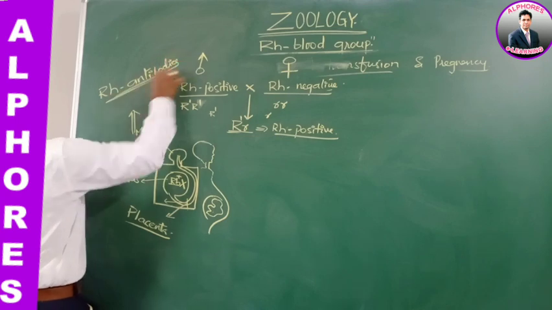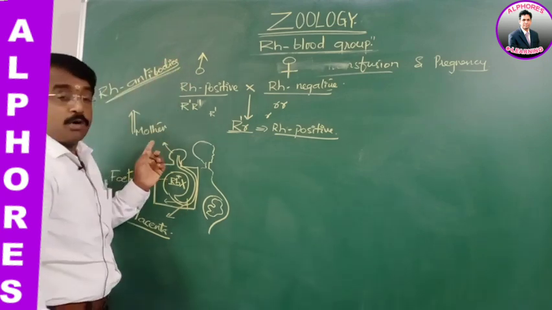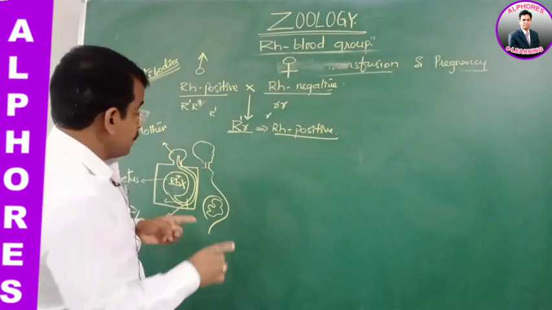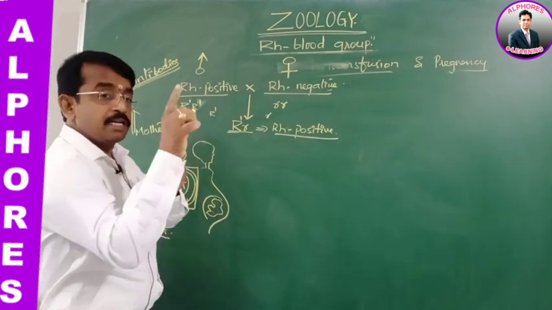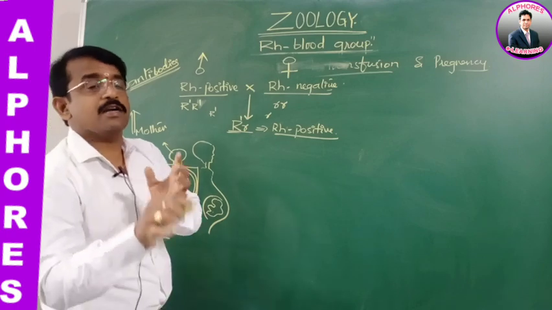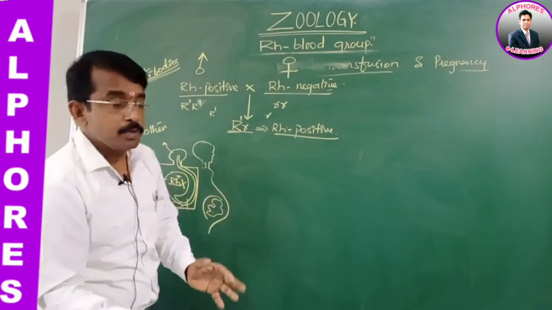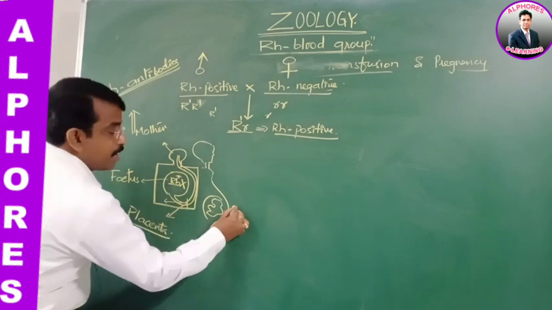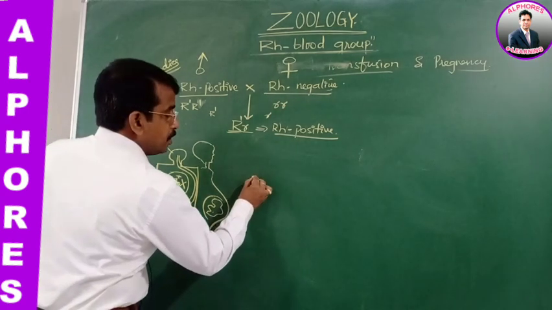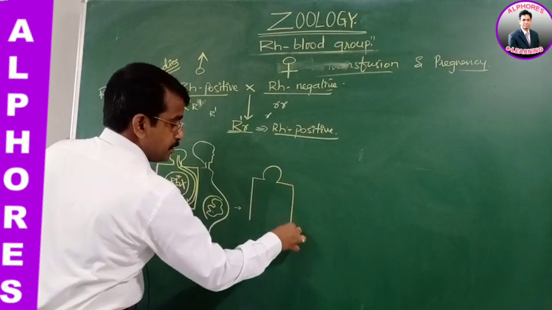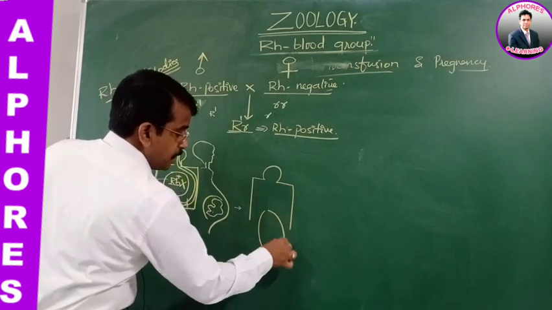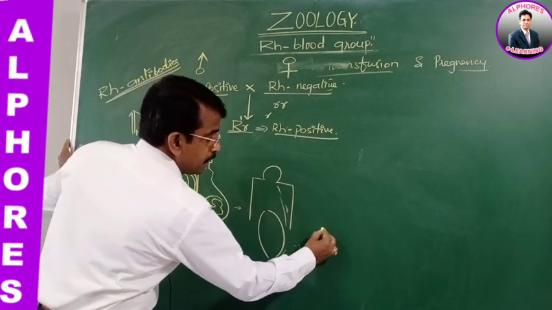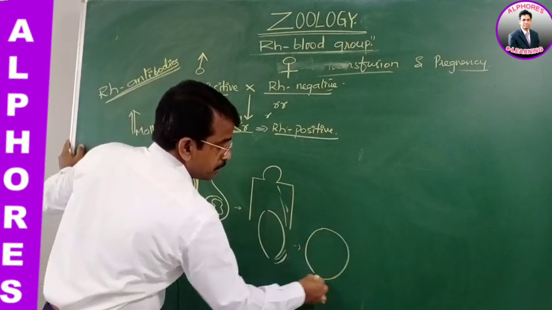Rh antibodies are produced. As Rh antibodies are produced, this sensitization process of Rh antigen meeting with the mother's immune system, and the baby takes birth. Look at here. This is the diagram showing the placenta rupture and the baby taking birth.